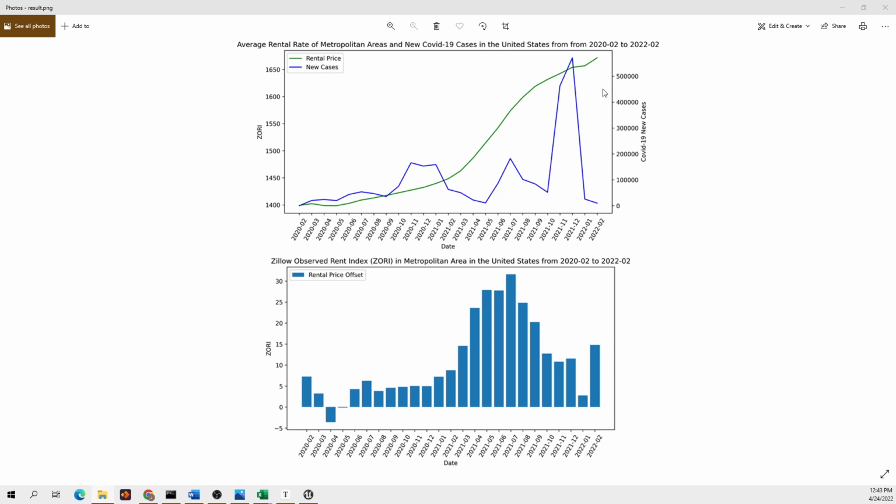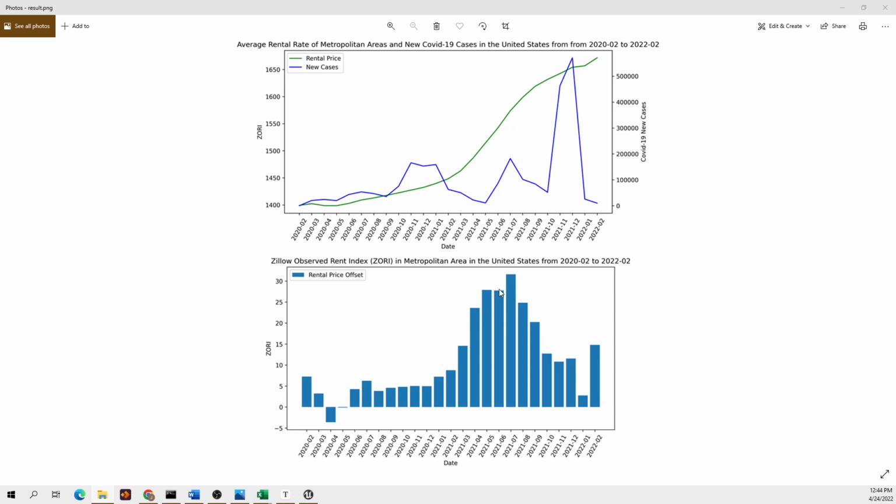Also, we can notice that they do not have a very strong correlation between each other.